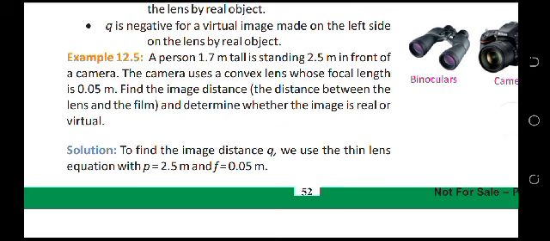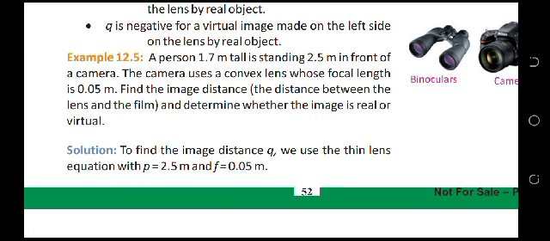Example 12.5. A person 1.7 meter tall is standing 2.5 meter in front of a camera. The camera uses a convex lens whose focal length is 0.05 meter. Find the image distance, the distance between the lens and the film, and determine whether the image is real or virtual.